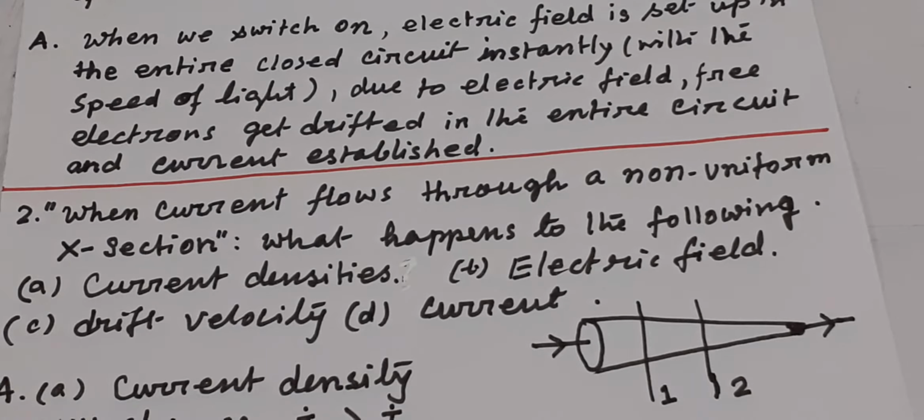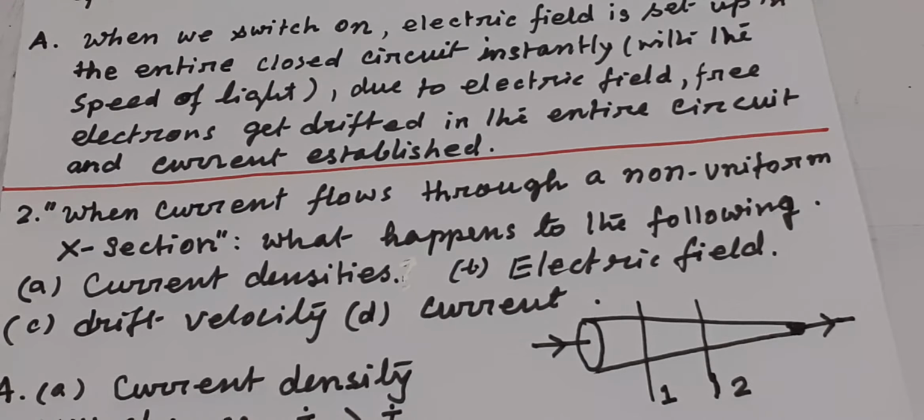Next question. When current flows through a non-uniform cross section, what happens to the following parameters: current density, electric field, drift velocity, and current?